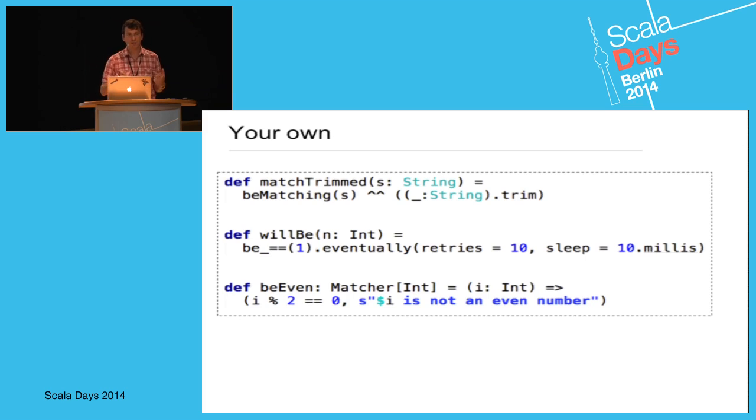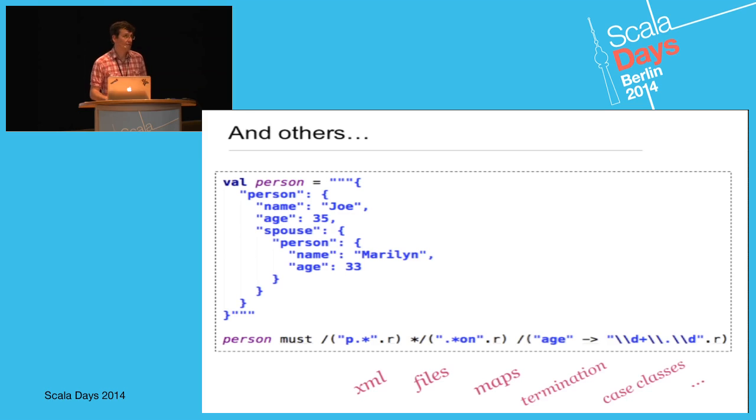There are implicits transforming a function returning a Boolean and a failure message into a matcher. So if you want to check if something is even, just create a function taking an int, checking if it's even or not, that's the condition, and just returning a failure message with the int if it's not even. And you have a brand new matcher. And you have plenty of other matchers. The ones I talked about are included in the Specification trait.